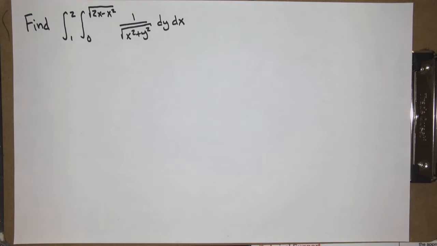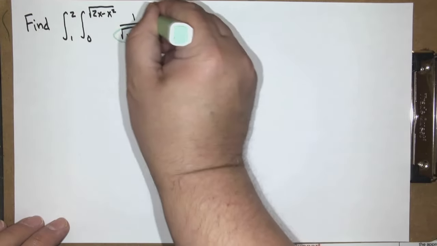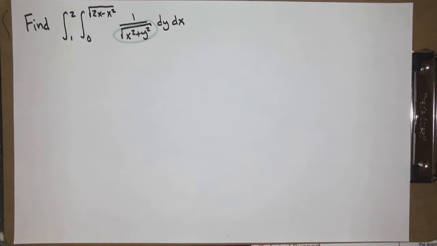Well, what can we do? We can convert it to a different coordinate system. Is there anything that's hinting polar might be nice? Yeah. This in polar becomes what? R, right?